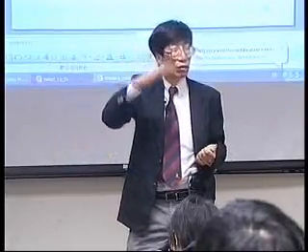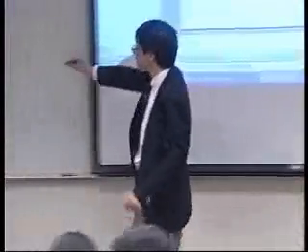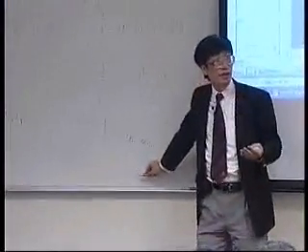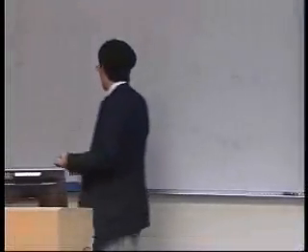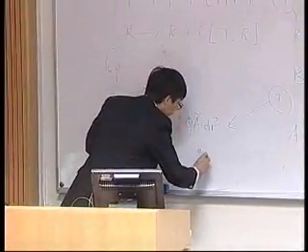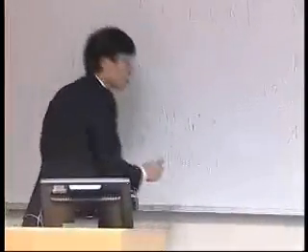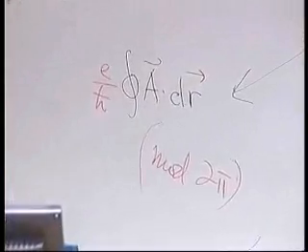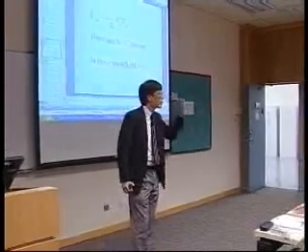Okay? So now that is gradually relaxing what is required to be physical. Or in other words, what is physical is this modulo 2 pi. To say that this integral is 0 or to say that this integral is 2 pi is the same thing.